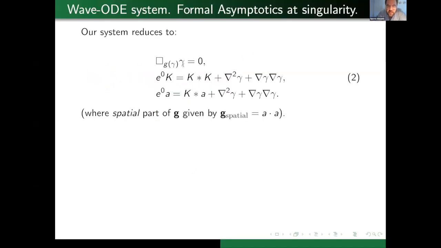I get a free wave on gamma, and I get this ODE type equation on k, where the forcing term is given by gamma. The gamma I just got here. And that's somehow the second fundamental form, in a sense, of certain hypersurfaces, and the spatial part of those surfaces is given by a relation like this.